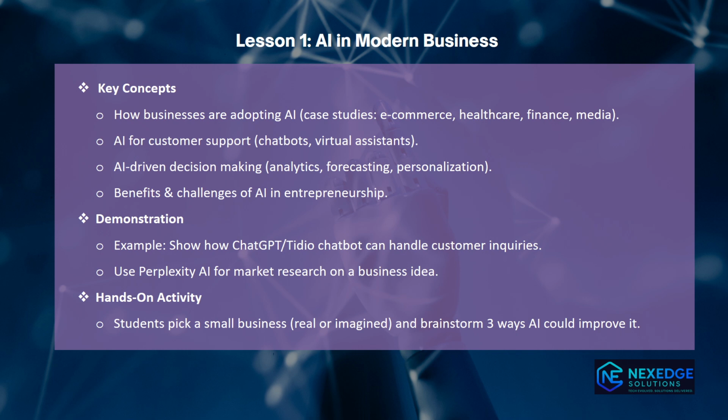That is how ChatGPT or Tidio chatbots can handle customer inquiries. And then secondly, use Perplexity AI for market research on a business idea. So you open your app and let's try this out.